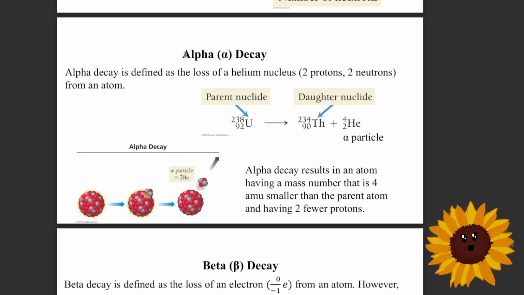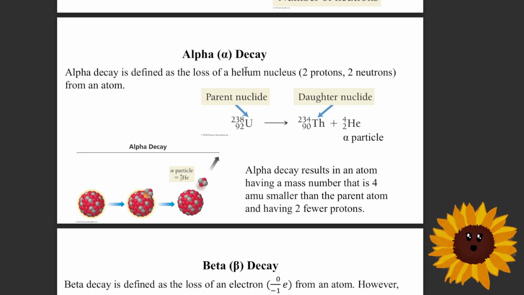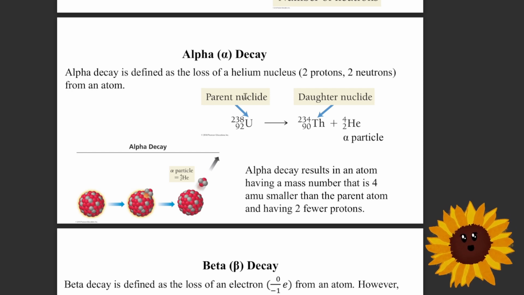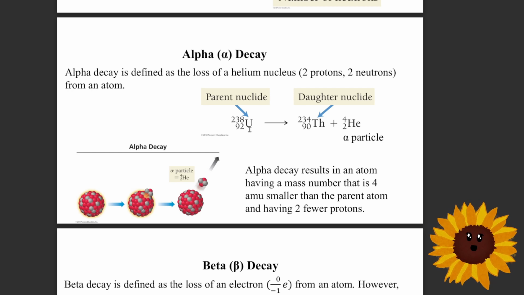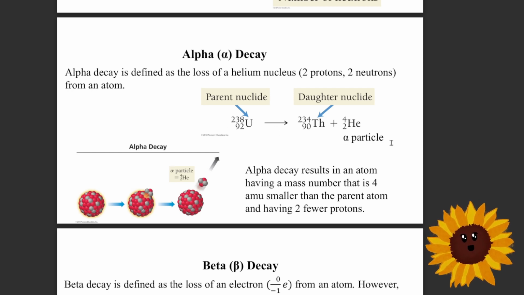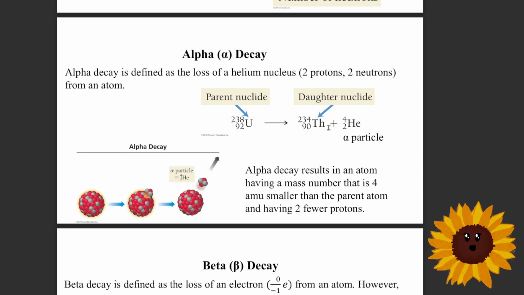By the way, all these types of decay, alpha, beta, gamma, are very, very deadly for you. Do not mess with any type of radiation or decay, guys. To remove a helium atom, so 2 neutrons and 2 protons, we can turn this U into a Th. So this is the way to turn it into another atom.